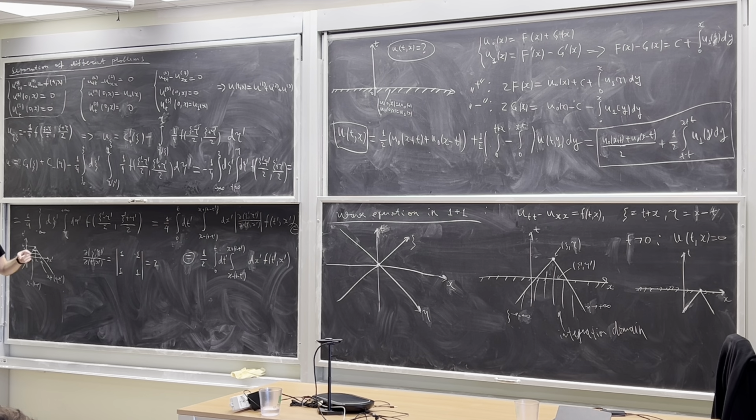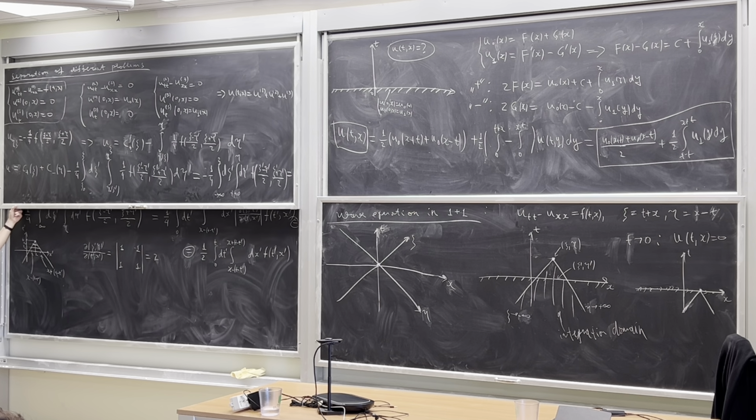So it was one way to describe this answer. We can also write it in a different way, because here we first integrate in t, but we could also first integrate in x.